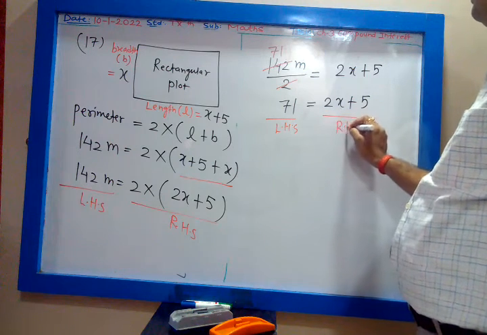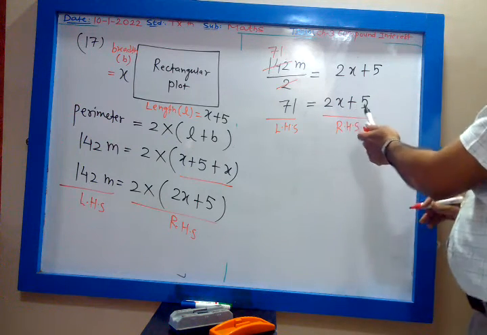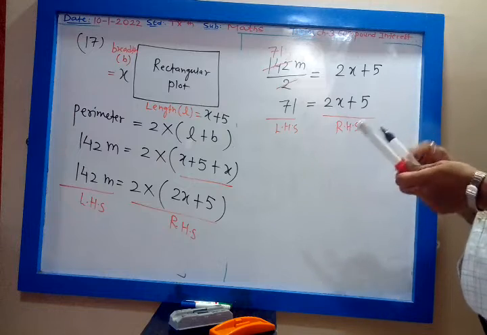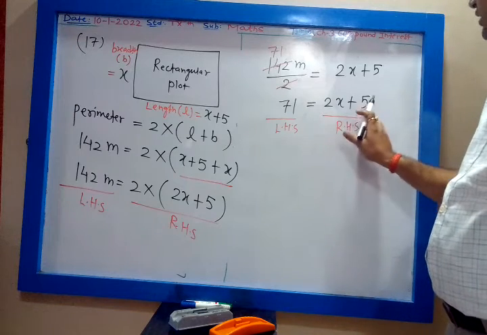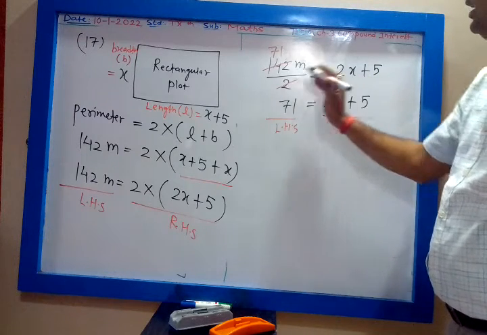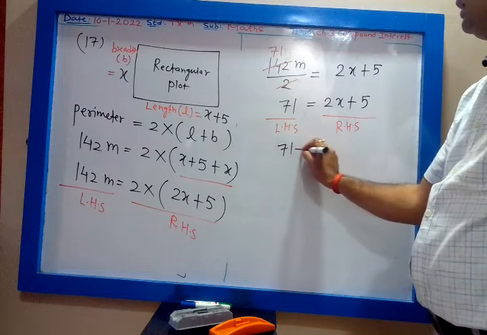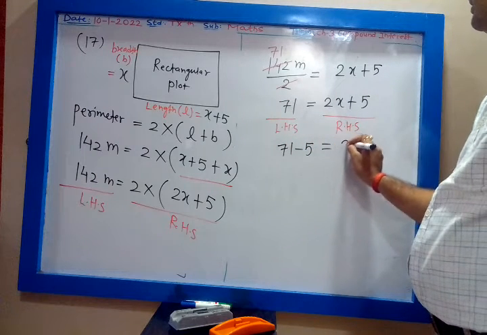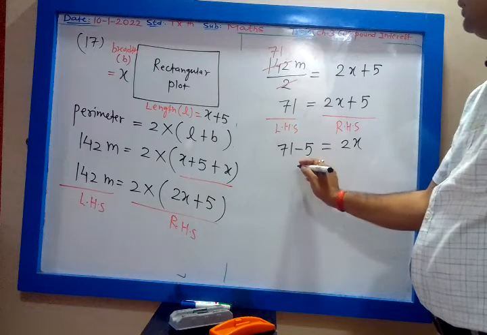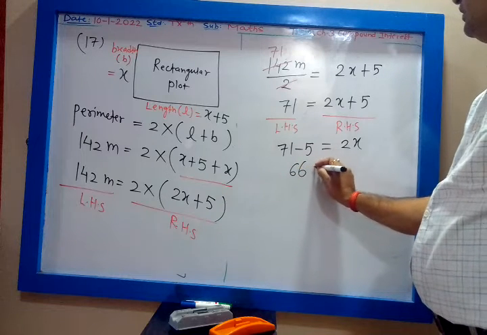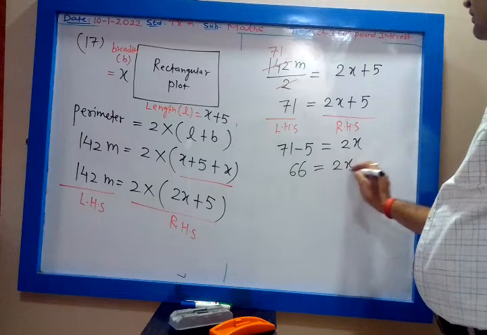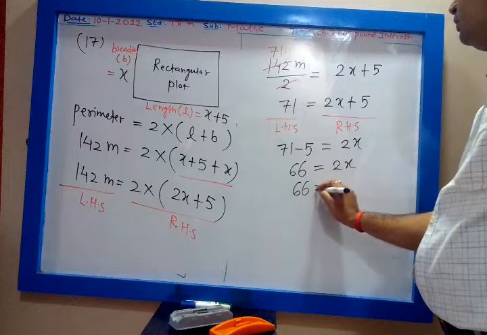Now the plus 5 on the right hand side will go to the left hand side, it will become minus 5. So 71 minus 5 is equal to 2x. 71 minus 5 means 66 is equal to 2x. 66, and 2x means 2 into x.